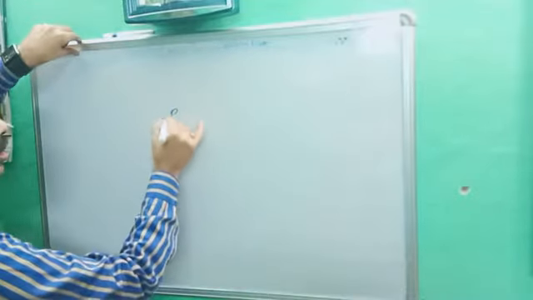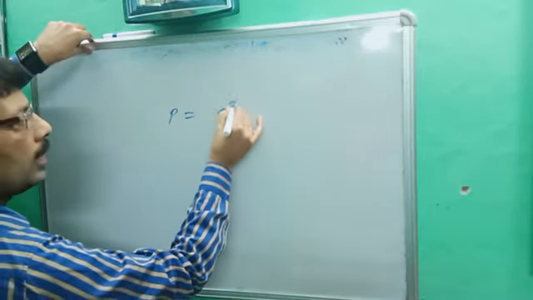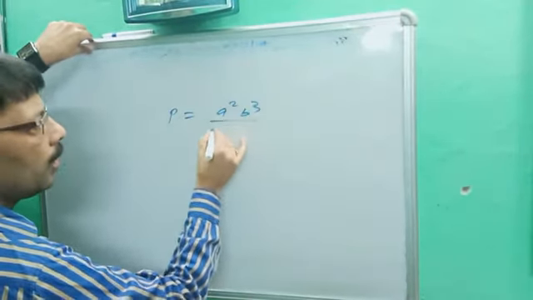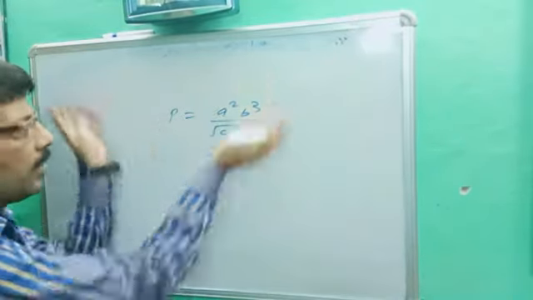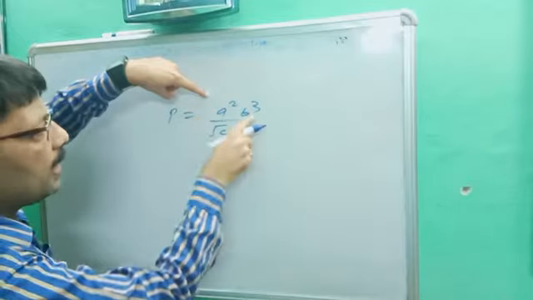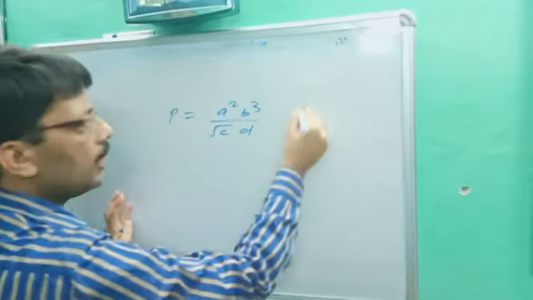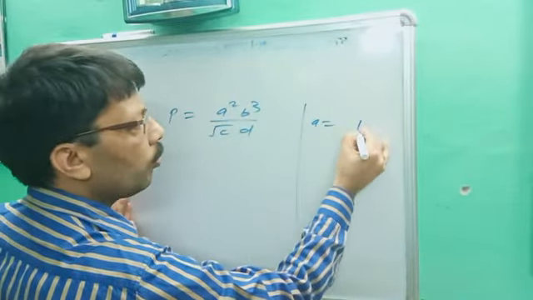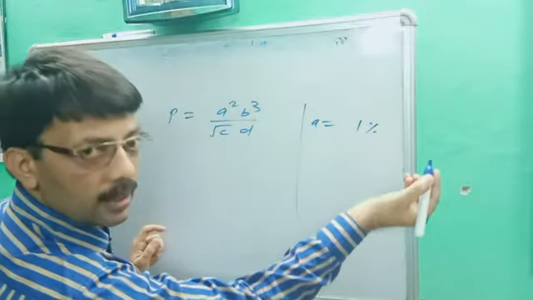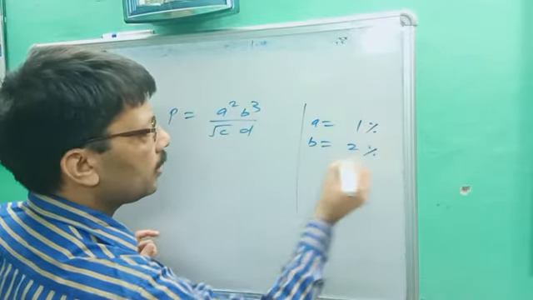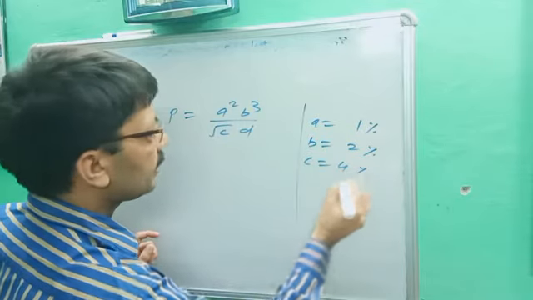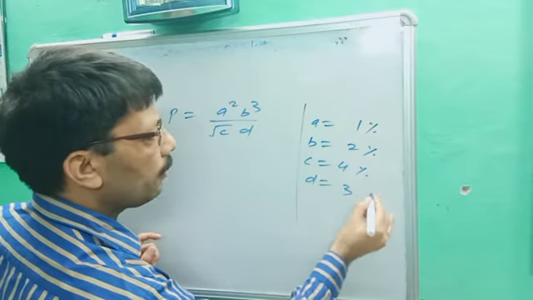Now one more question I will define here. Let's suppose any physical quantity P is equal to a square b cube upon under root c into d. This is the competitive question. Let's suppose any physical quantity depends on a, b, c, d like this, and there is error: a is equal to 1%, 1% means 100 plus minus 1, b is equal to 2%, c is equal to 4%, and d is equal to 3%.